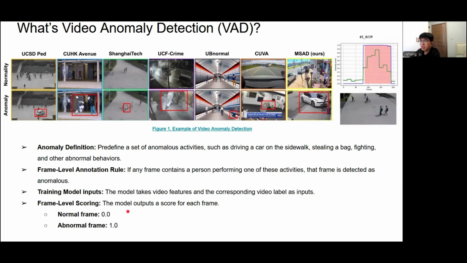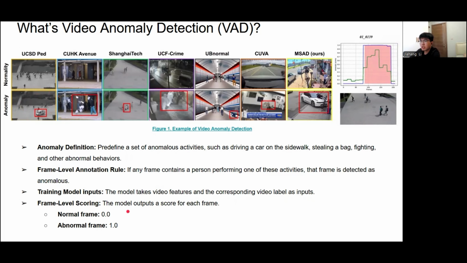There are four main types of VAD tasks. First, fully supervised VAD uses frame level labels during training, and one class VAD trains only on normal videos with no anomalies in the training set. Weakly supervised VAD uses video level labels.